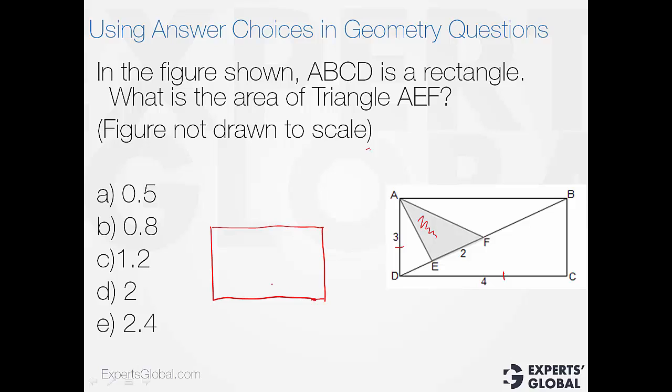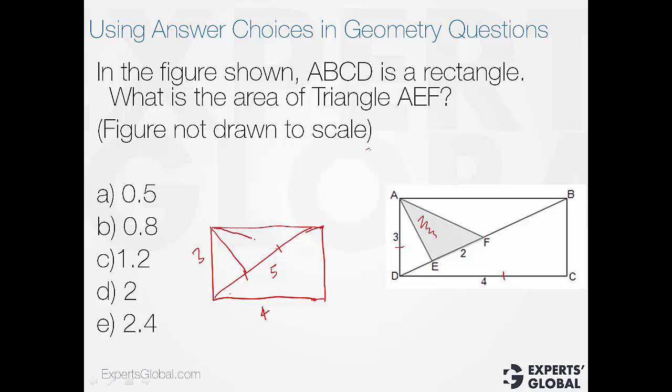I'm drawing it on screen, so it is just a bit difficult. So I know this is 3, this is 4, so this becomes 5, and EF is 2. So 2 should be less than half of this, just a bit less than half of this. Something like this. This much should be 2. So now I have a figure which is drawn to scale.